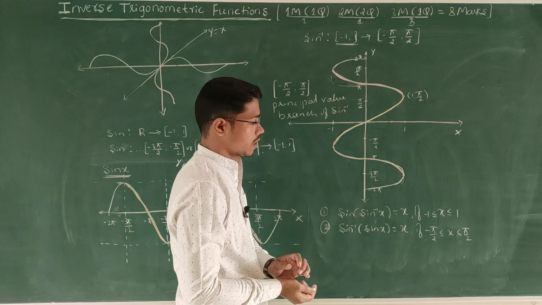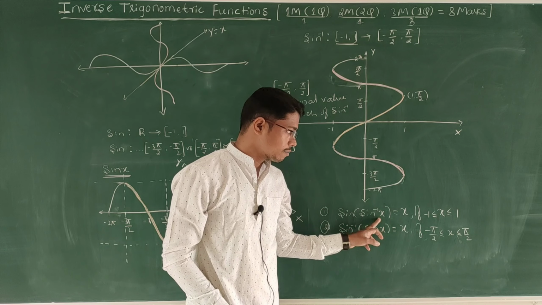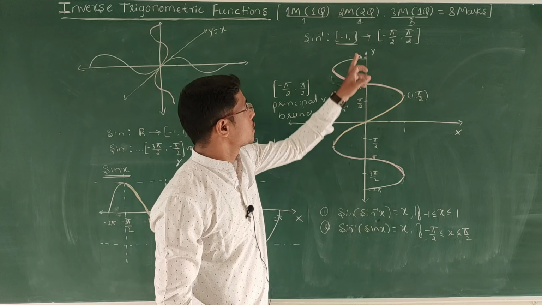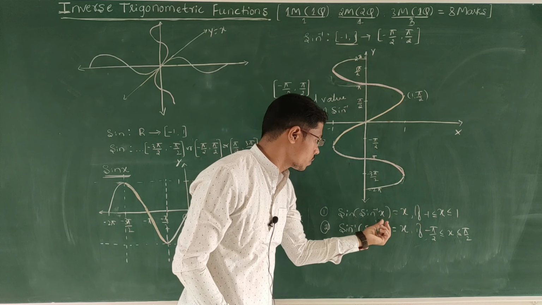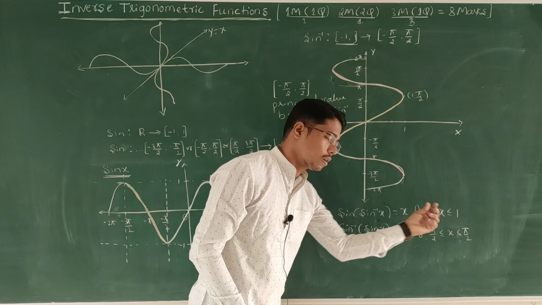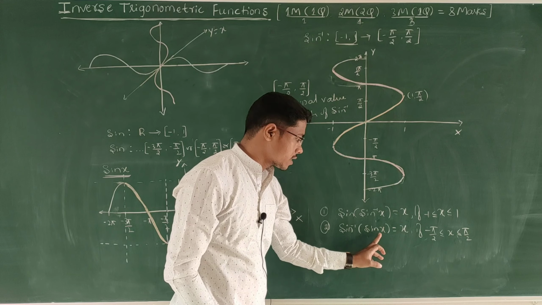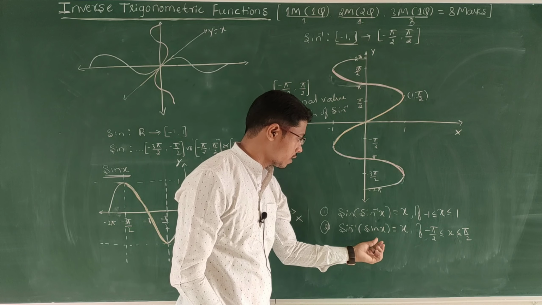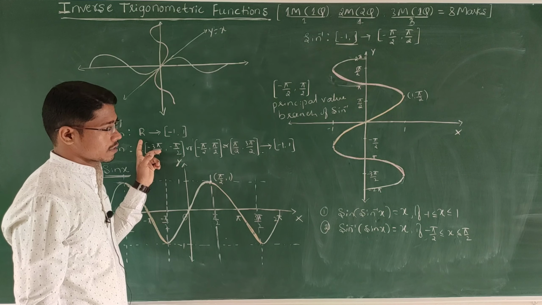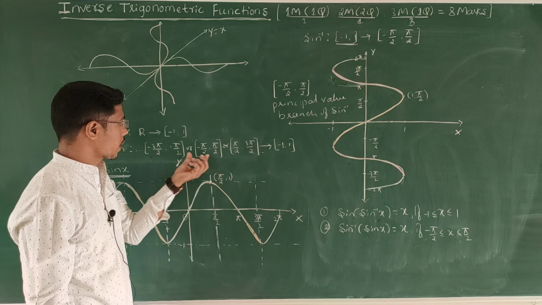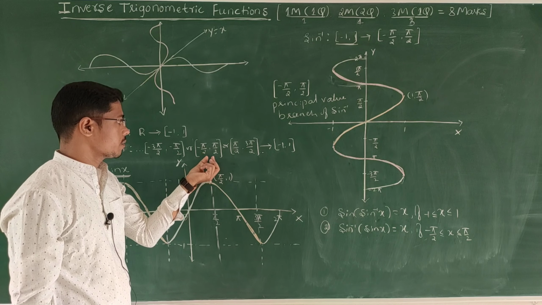Why is this? See here, for the inverse function its input is minus 1 to 1, so x should be between minus 1 and 1. Then the sine function's input is R, the set of real numbers, or else we can take any interval in this, that is minus pi by 2 to pi by 2.